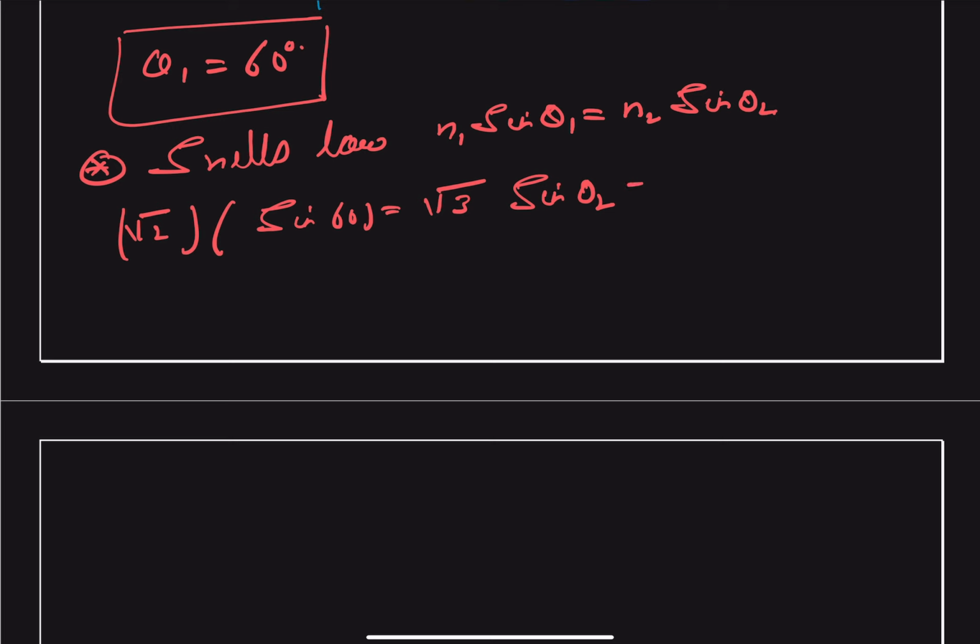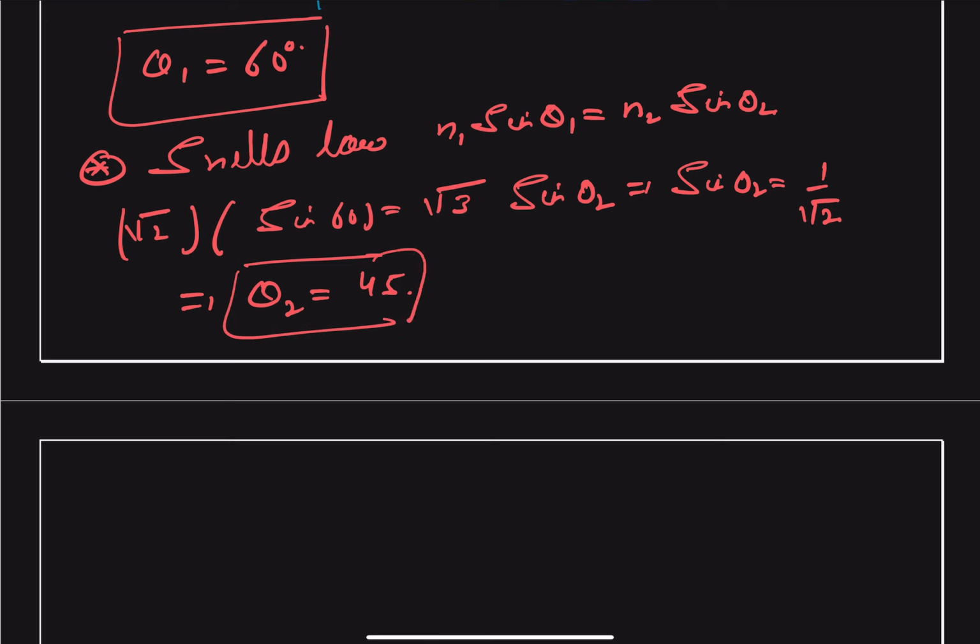This gives us that sine of theta 2 will be equal to 1 upon square root of 2, giving us that our theta 2 is equal to 45 degree. So we found out the angle of incident as well as the angle of refraction.